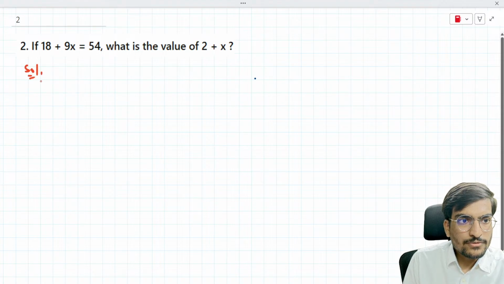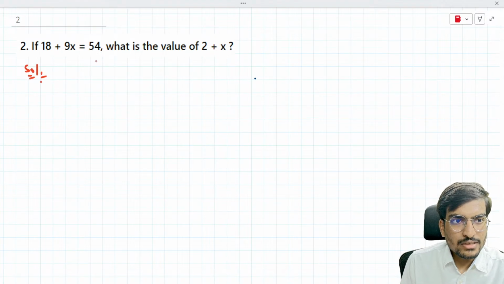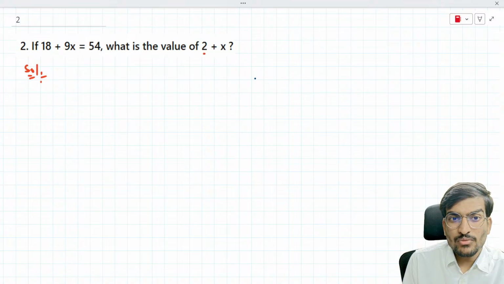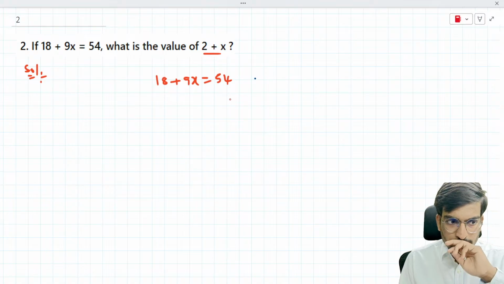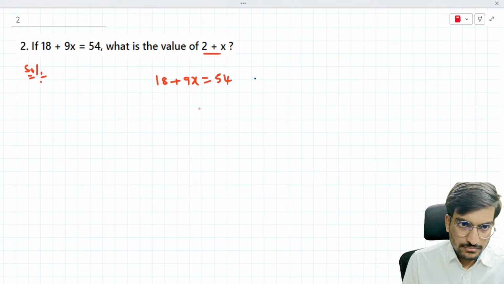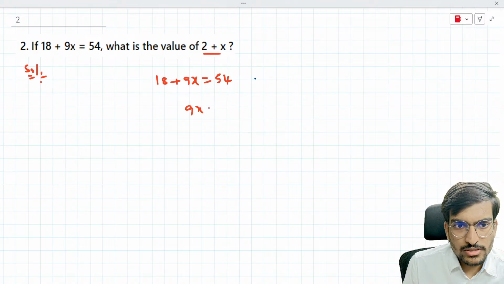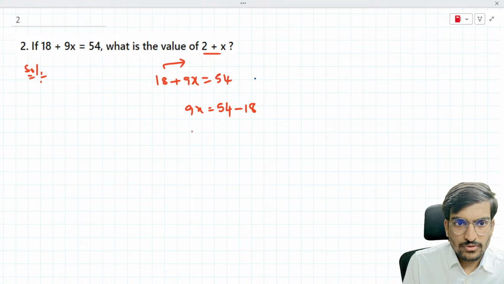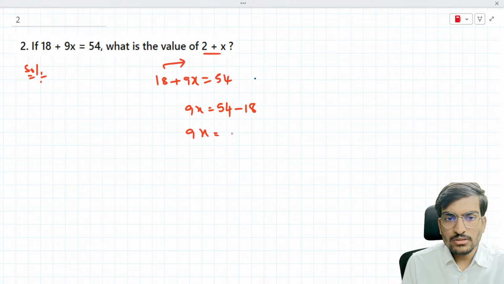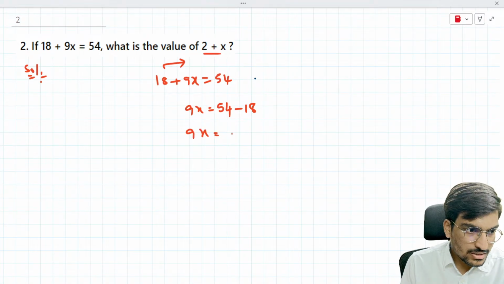If 18 plus 9x equals 54, what is the value of 2 plus x? So how to solve this? Point number 1, you can solve this question by finding the x value. 54 minus 18, so just transpose this 18 to the other side, it's going to be negative 18. From 54, if you take away this 18, I can see Saidu Rahman said 6.